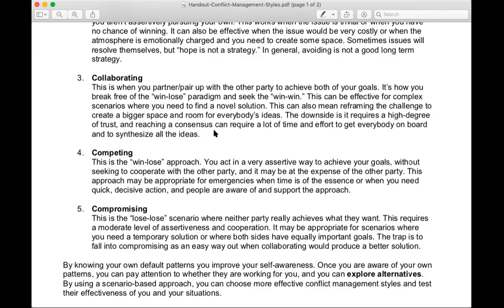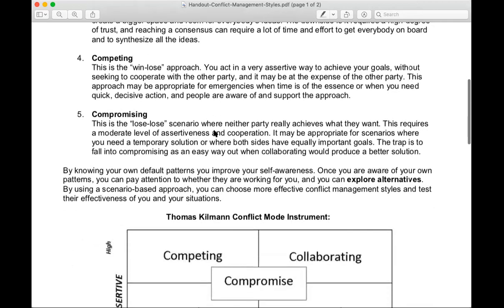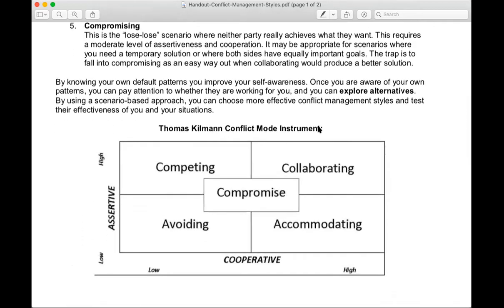So by knowing your own default patterns, you improve your self-awareness. You know how you approach situations in conflict. And so again, here is the conflict mode instrument by Thomas Kilmann. Assertiveness refers to yourself, cooperation refers to others. When you have low assertiveness and low cooperation, you really don't think about yourself, you're not thinking about others, you avoid typically because you don't want to deal with it.